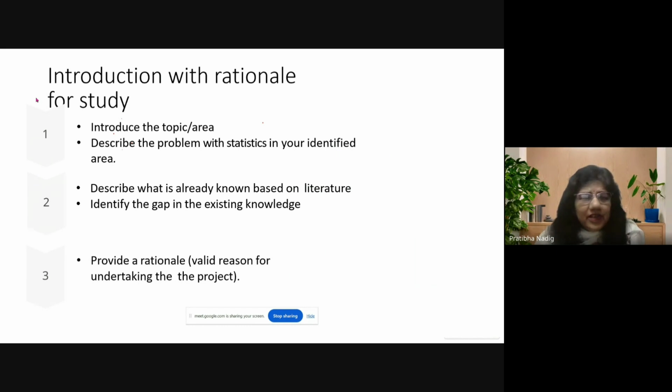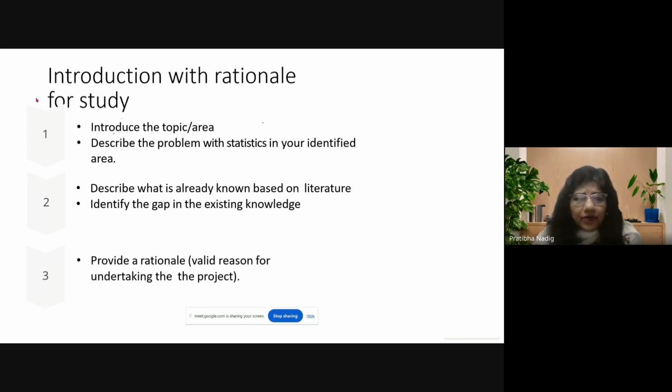So the introduction is where you present what you want to do with proper citations, proper data, and it should clearly indicate that you have done enough homework. The introduction will be written in a small number of words, could be 200 to 500 max, in the proposal or even in the paper.